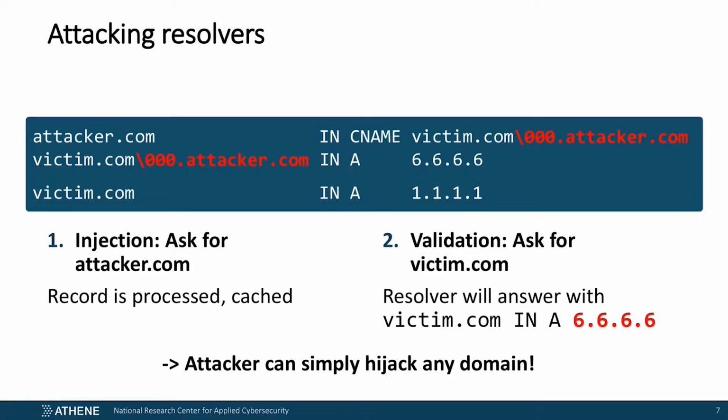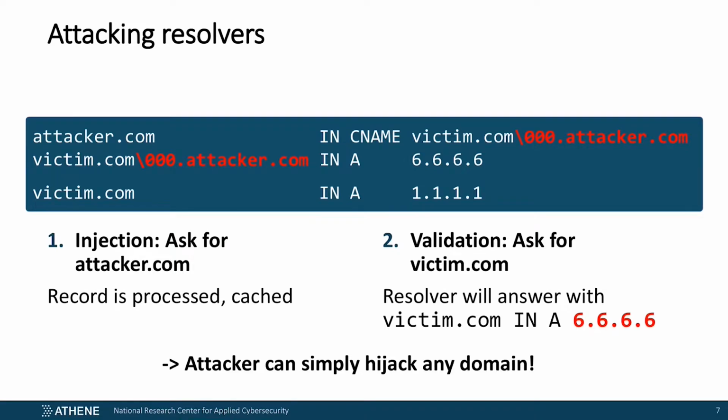Essentially, you can first create a theoretical attack, but we will later see that it's actually practical, where you trigger a query to an attacker-controlled domain, which is conveniently called attacker.com. The attacker sets this domain up because he owns it, right? So he can do anything.